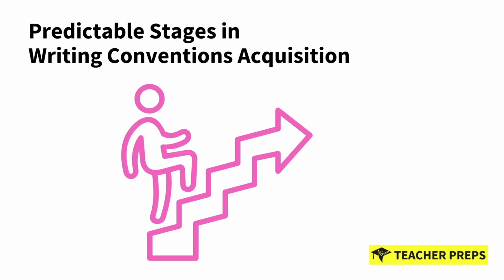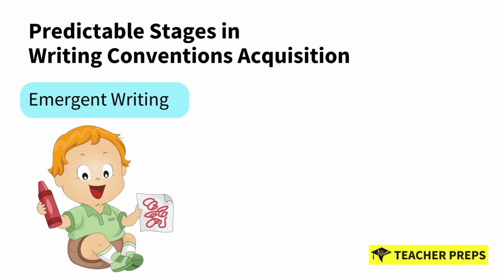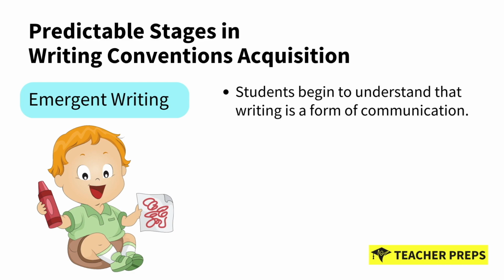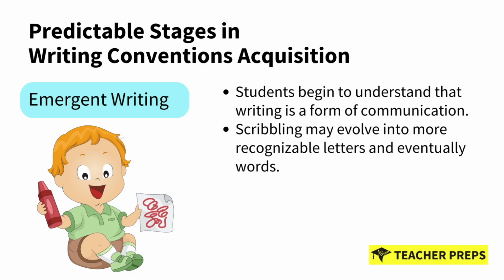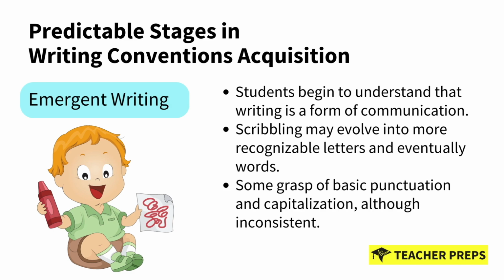Predictable stages in writing conventions acquisition. The first stage here is called emergent writing stage, and this is when students begin to understand that writing is a form of communication. Scribbling may evolve into more recognizable letters and eventually into words. Some grasp the basic pronunciations and capitalizations, although it's inconsistent.